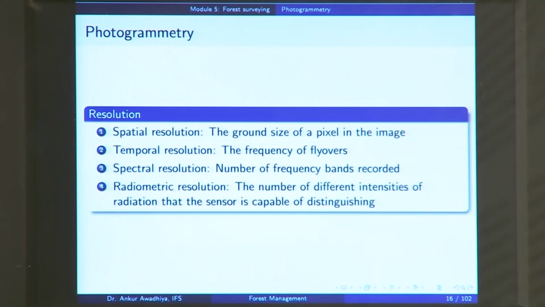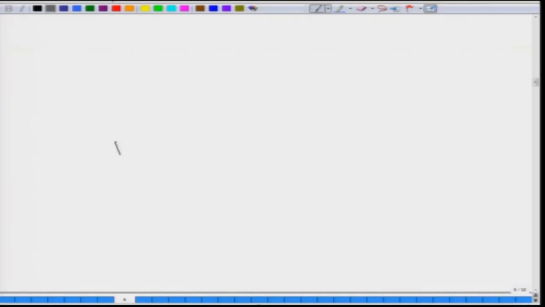Now, the second resolution is known as temporal resolution or the frequency of flyovers. Now, when we were talking about the satellite image and the drone image, what is the difference, what is the time that elapses between two flyovers of the same area. So, here we are saying that you have a forest.